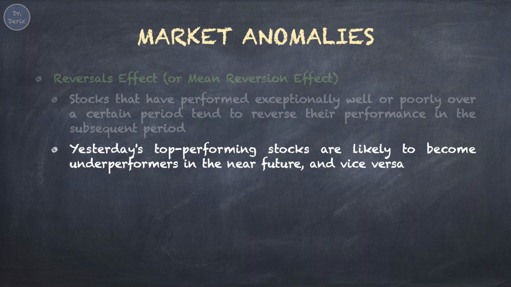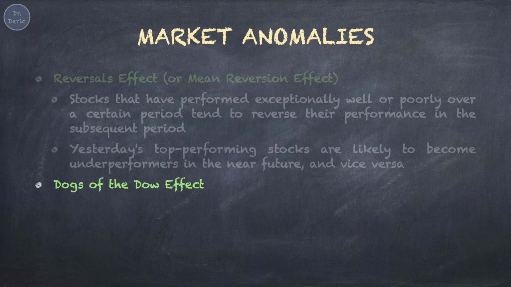This phenomenon challenges the idea of perpetual trends and highlights the concept of stock prices regressing to their mean or average values over time. Mean reversion suggests that extreme price movements are often followed by corrections, creating opportunities for investors who can identify and capitalize on these reversals.